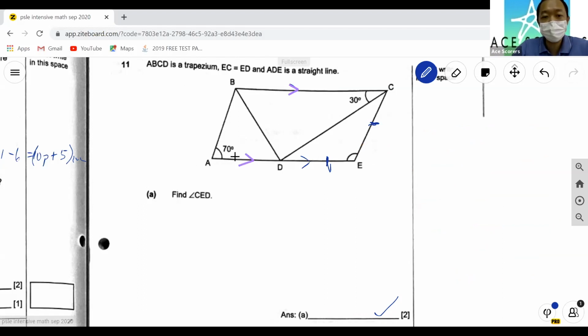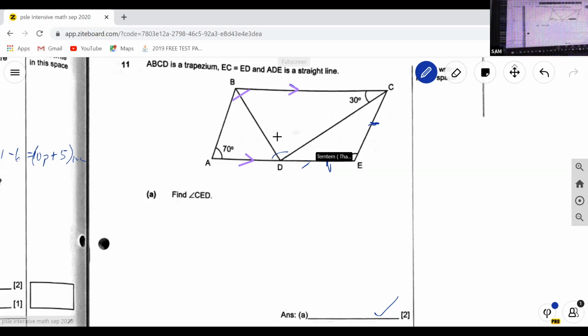Okay, AD is a straight line. So using whatever information we have, let's try to find CD. Yeah? CD. You can find this. This is 100.